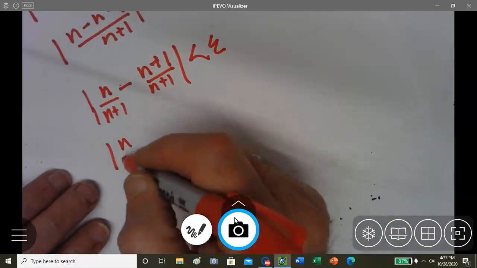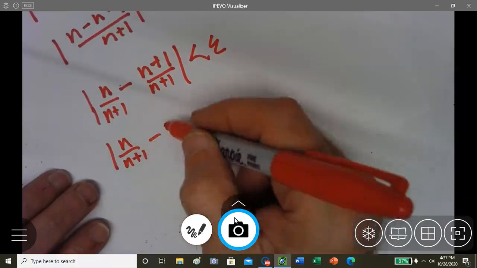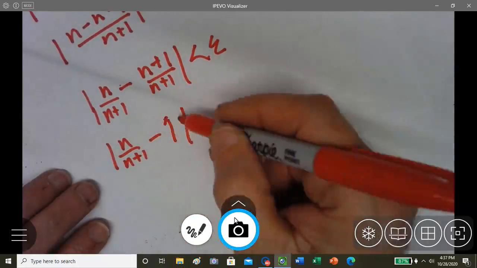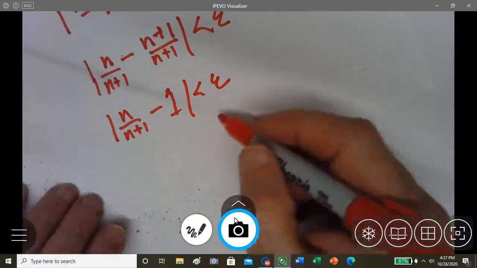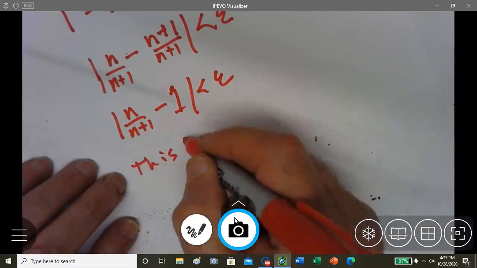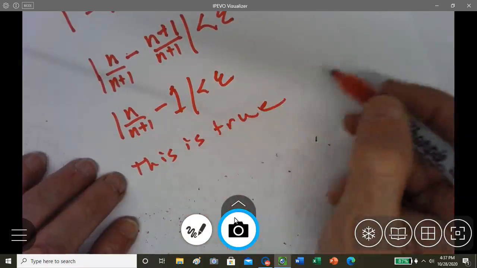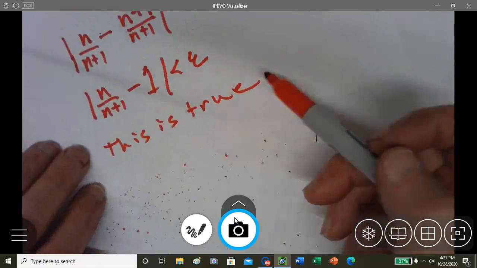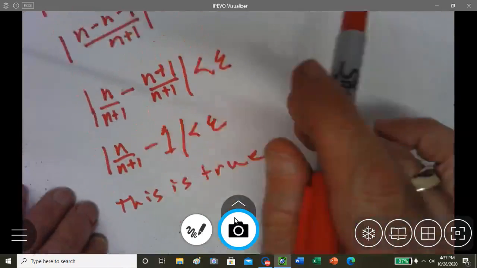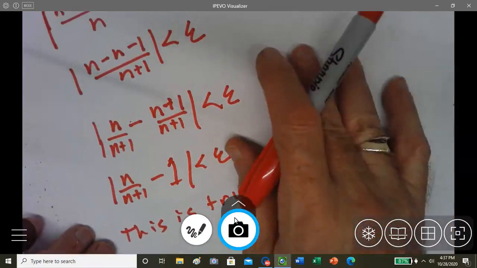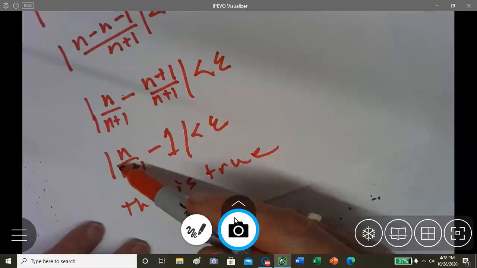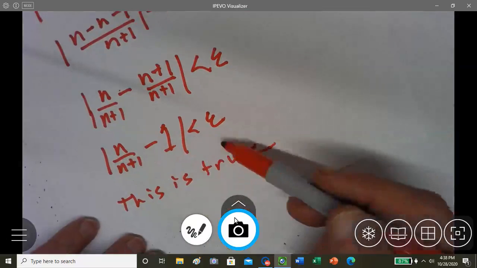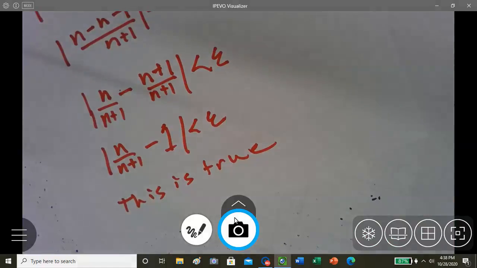So we have here n over n plus 1 minus 1 is less than epsilon. So we've proven that this is true. So therefore we've proven it. We've proven that as long as we can get to this, the distance from the sequence term to our limit being less than epsilon, then we've proven it. And that's our video for this proof.